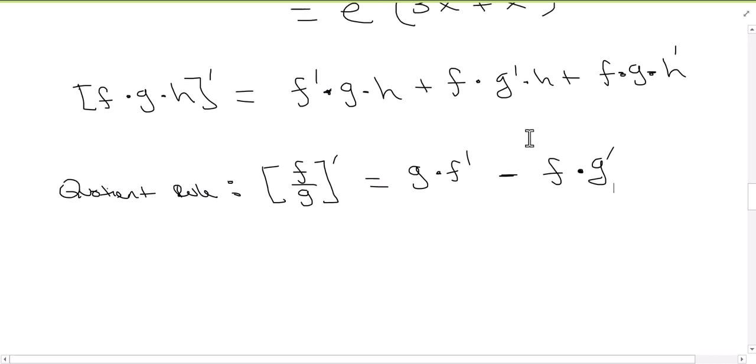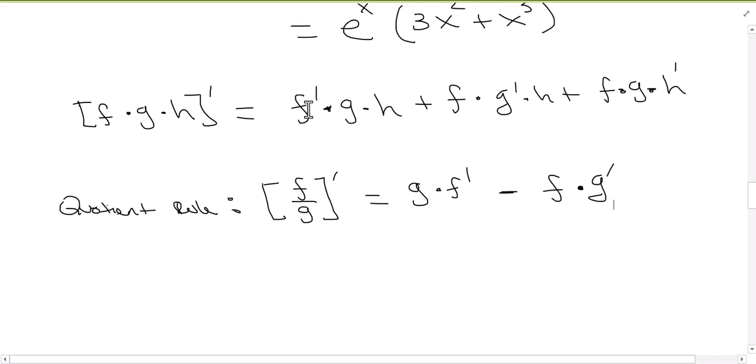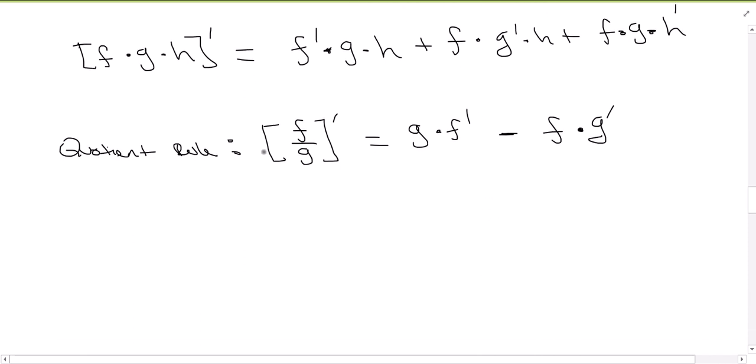Now with the product rule, it doesn't matter that you keep them in order because addition is commutative. If you do 4 plus 3, that's the same thing as 3 plus 4. But subtraction is not commutative. 4 minus 3 is not the same thing as 3 minus 4. So we have to be really careful here that we keep the order. So it's bottom times the derivative of the top minus the top times the derivative of the bottom, all over the bottom function squared.